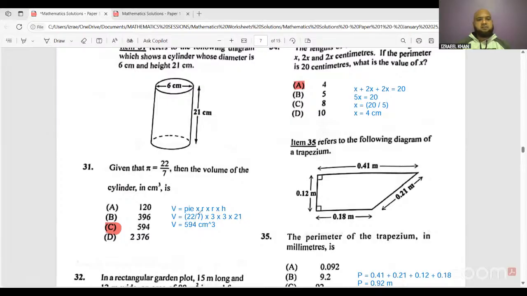I could just say what? 7 into 7 is what? 1, and 7 into 21 is what? 3. And it'll be 22 by 3 by 3 by 3. You'll get 594 cm cubed. That's C.